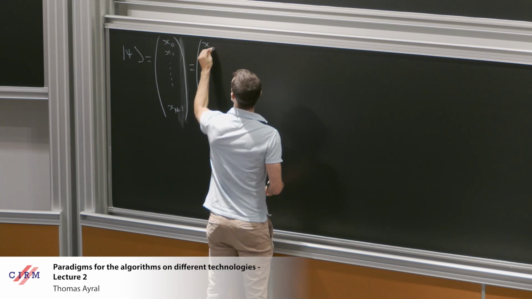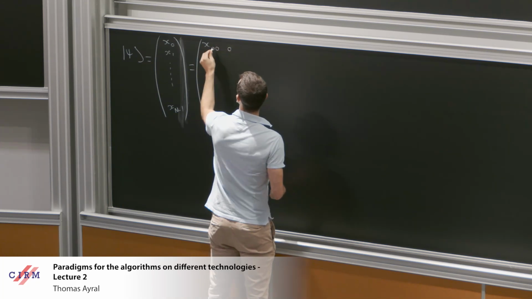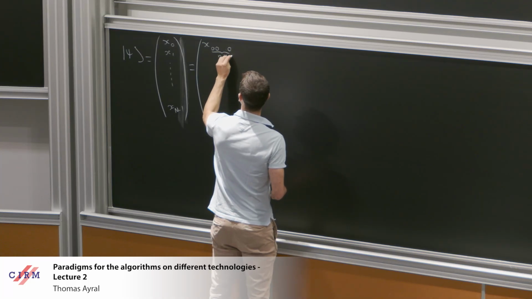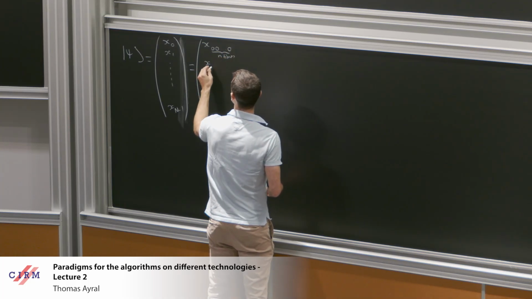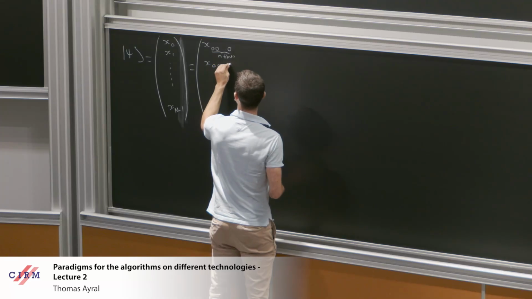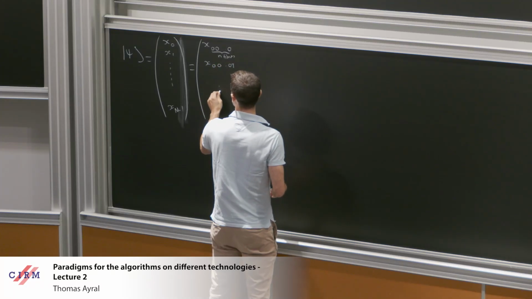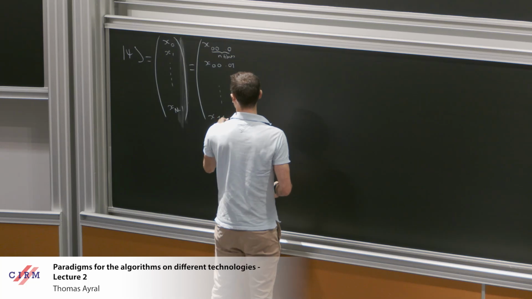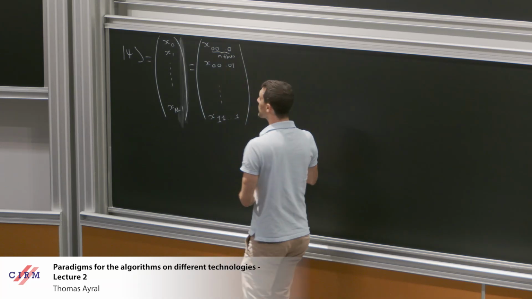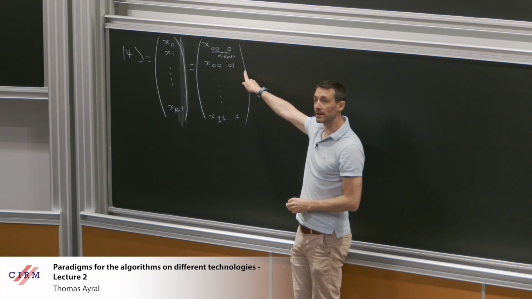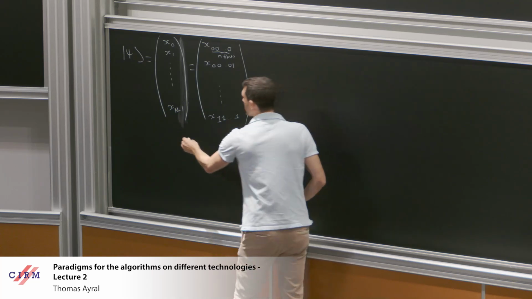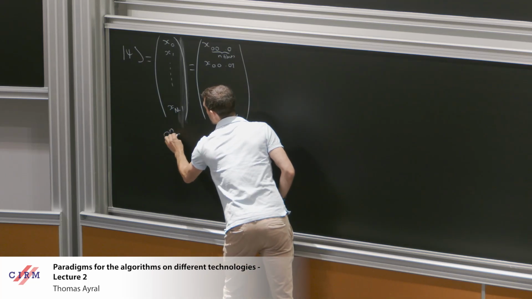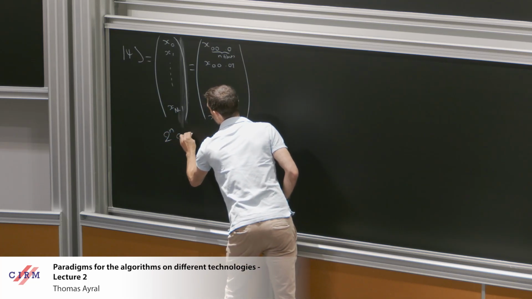So we'd have x_{0,0,0} with n zeros, then the second one would be x_{0,0,0,1}, and so on and so forth until x_{1,1,1}. So that's how we represent a wave vector in a classical computer. You see, if you count, you have indeed 2 to the n components.